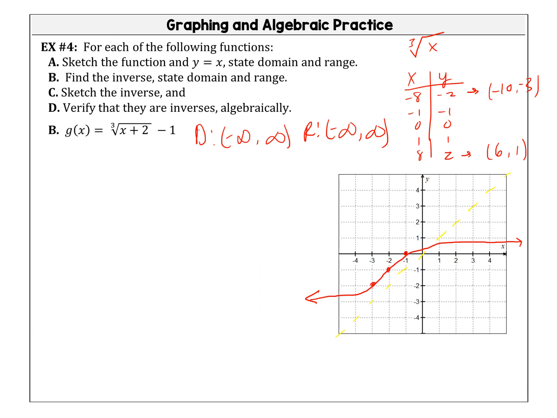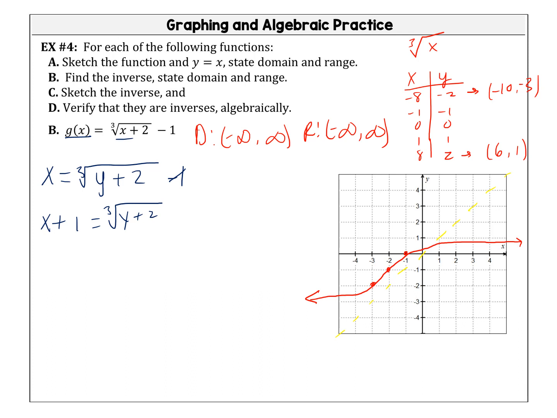Okay, now it says find the inverse and state its domain. To find our inverse, we're switching our output with our input. That's going to give us x equals the cube root of y plus 2 minus 1. My goal is to get y by itself, so I'm going to add 1 to both sides, and that gives me x plus 1 equals the cube root of y plus 2.